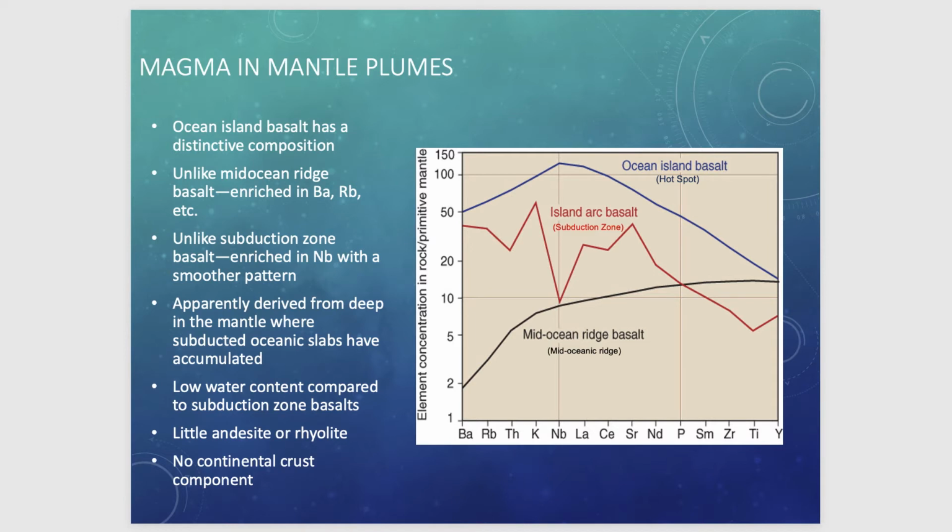Quite often shield volcanoes that are located on hotspots are quite distinguished from subduction related magmatism, so island arc basalts, for example, and also mid-ocean ridges, which are also basaltic in composition. The major difference is the enrichment in specific elements.